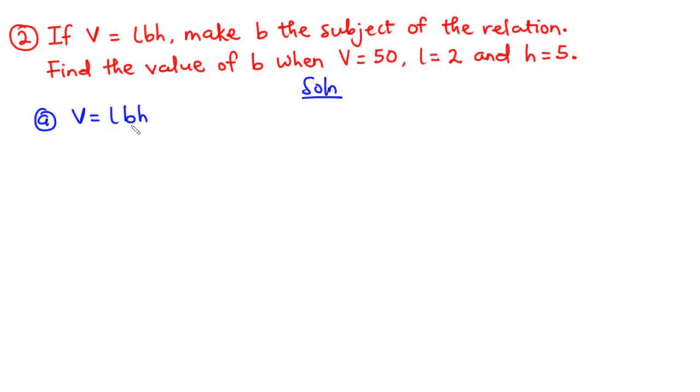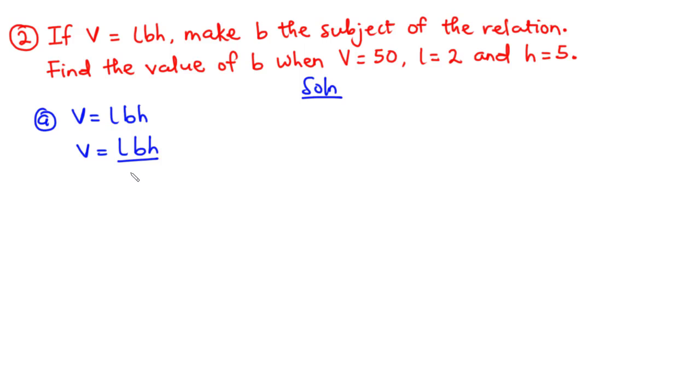To make b the subject, we are going to apply the inverse of multiplication, which is division, and divide through by the other variables, l and h. So here we have v equals l times b times h.